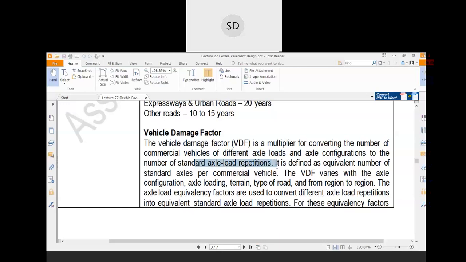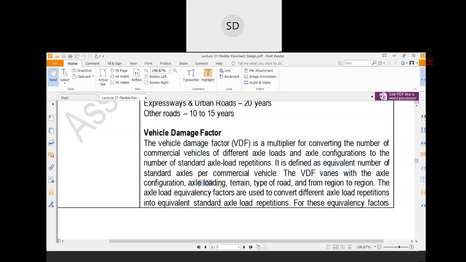In this case also you are converting the number of different axle load configurations into the standard axle load configuration with a multiplier or factor that is called vehicle damage factor. So it is defined as equivalent number of standard axles per commercial vehicle.